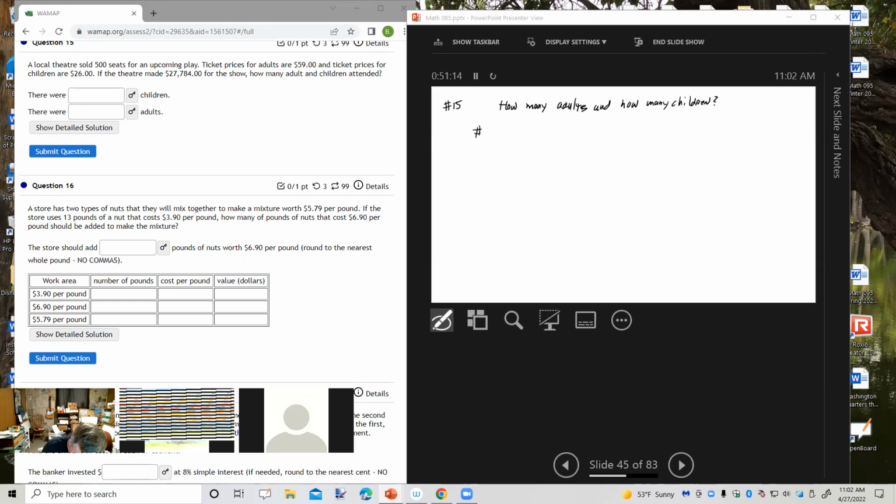So we'll say number of adults and number of children. There's a total of 500 seats. So the adults plus the children equals 500.